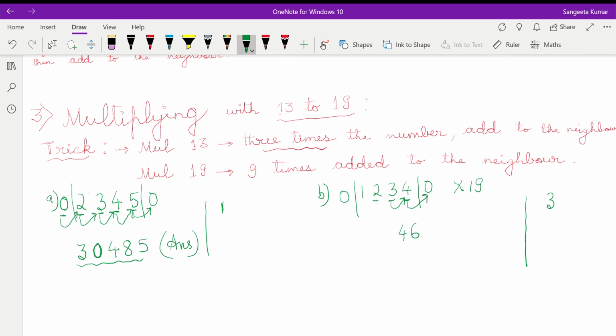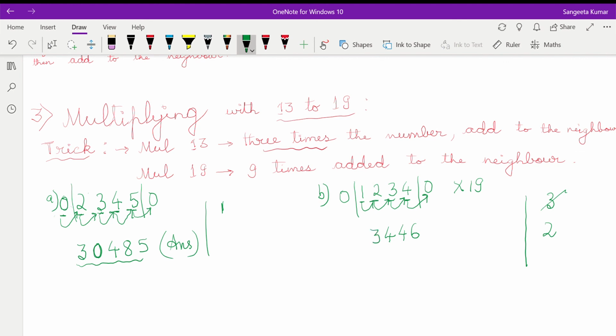Then 2 into 9 is 18. 18 plus 3 is 21. 21 plus 3 is 24. So we have here 4, but this time 2 is in our hand. Next we move on to 1. 1 into 9 is 9, plus 2 is 11. 11 plus 2 is 13.